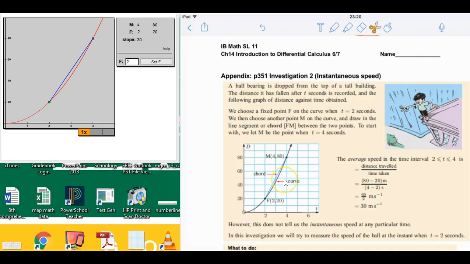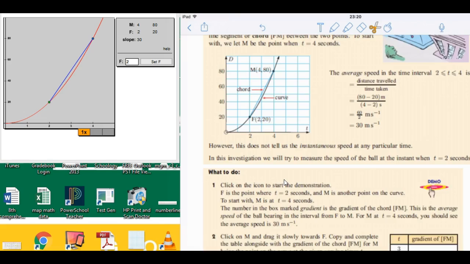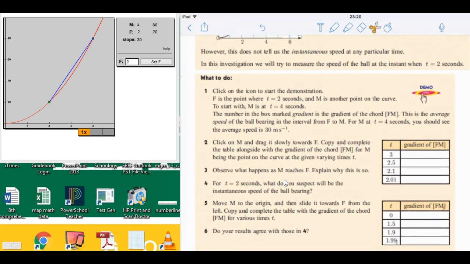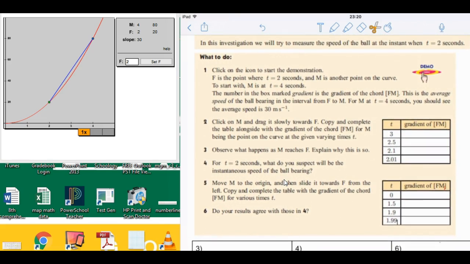Okay, so let's move down here, and it has instructions on how to do the investigation. But we are going to go ahead and do it. You don't need to read the instructions because I'll tell you what we're going to be doing.